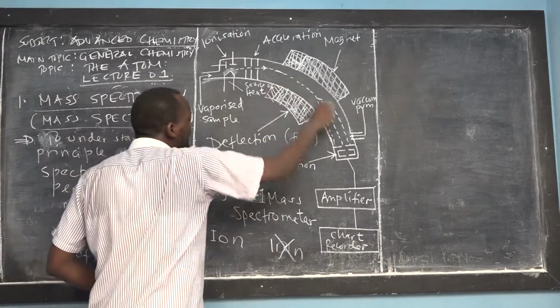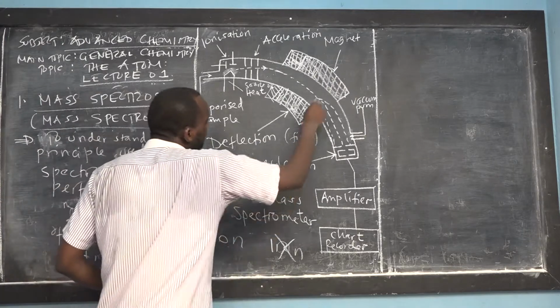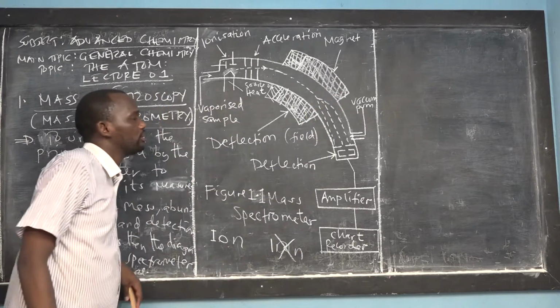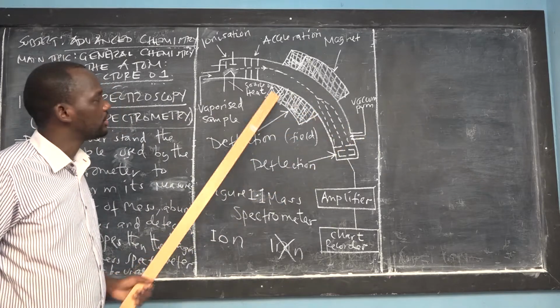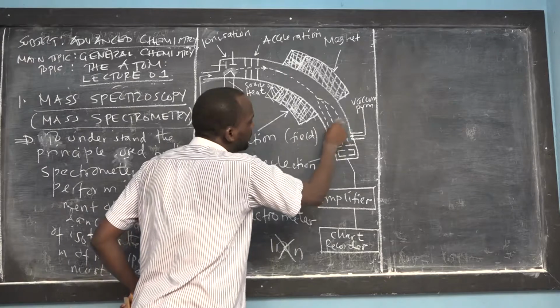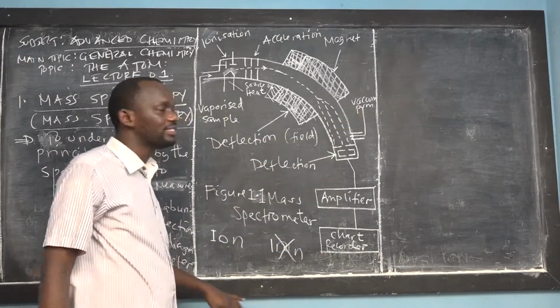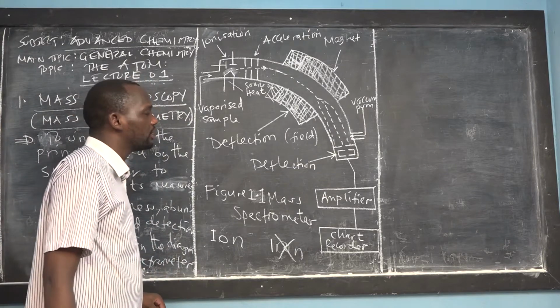When it is deflected, remember that it is a highly accelerated element, and it then reaches this point and starts forming isotope lines. If you have a first line, second line, and third line, it means there are 3 isotopes. Here it determines isotopes, abundance, and then atomic mass.